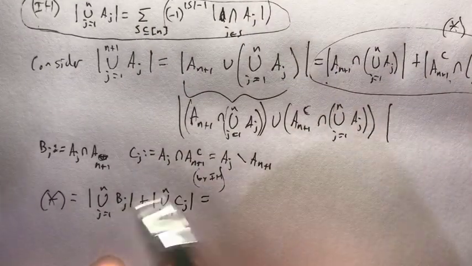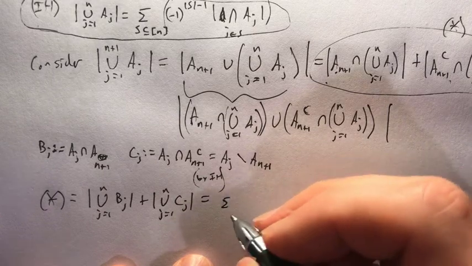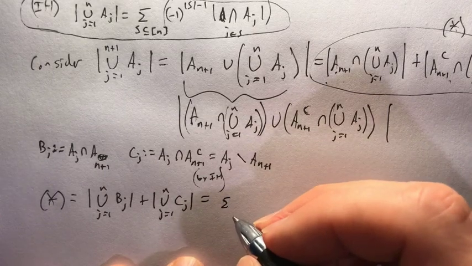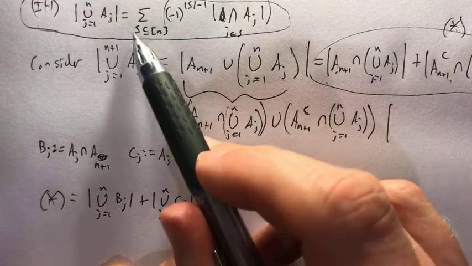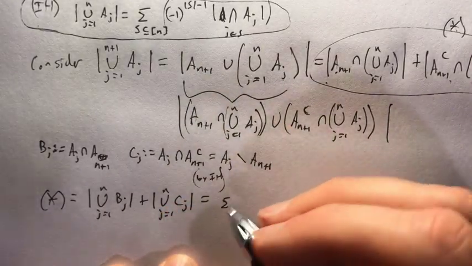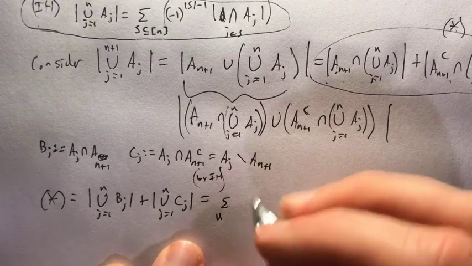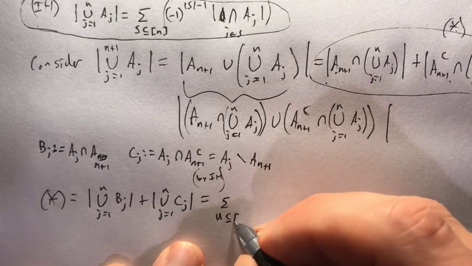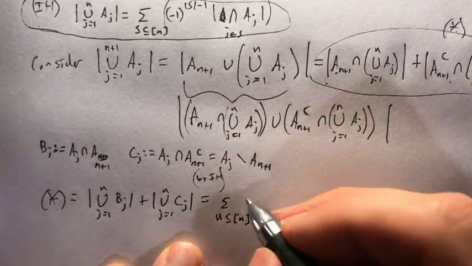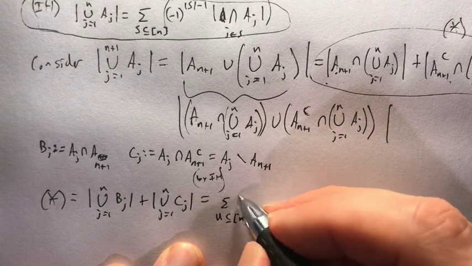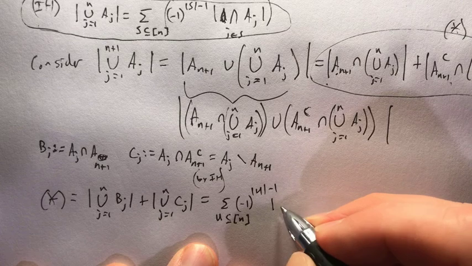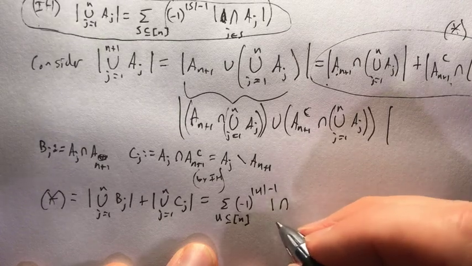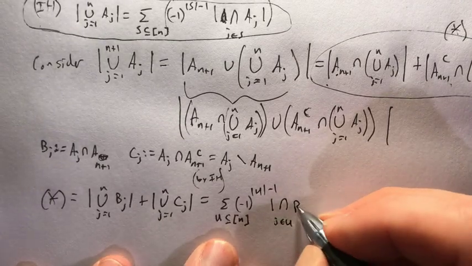Let me, instead of using the same letter S, use a different letter here. The sum over U being a subset of [n], and I've got -1 to the size of U minus 1, and then an indexed intersection where j ranges through U of B sub j's.